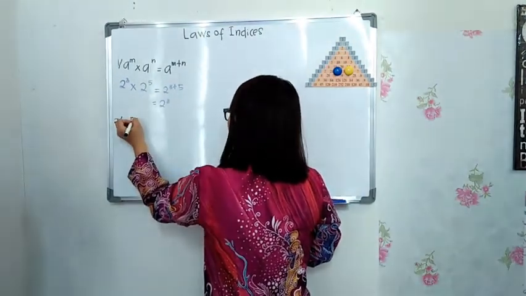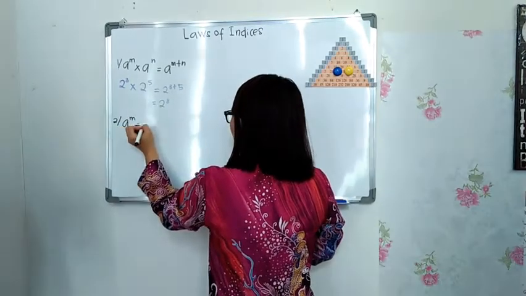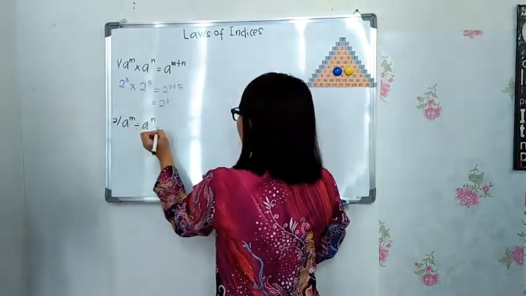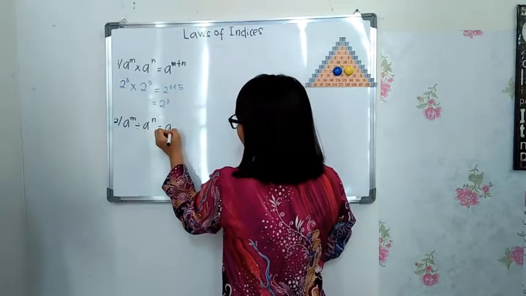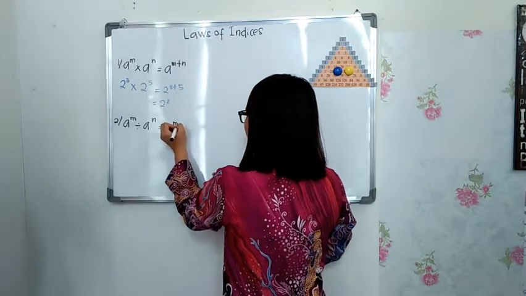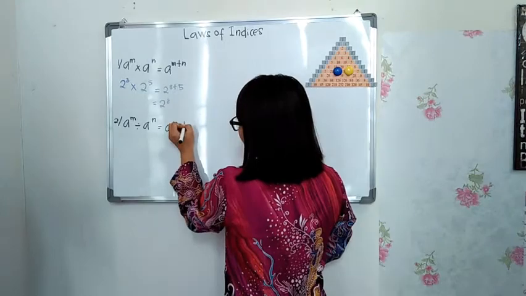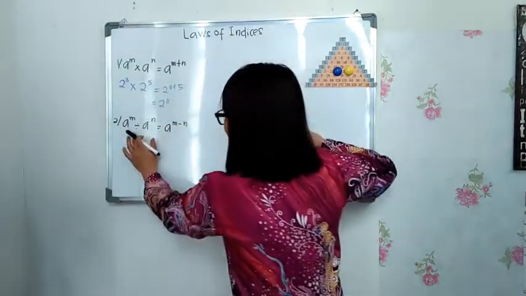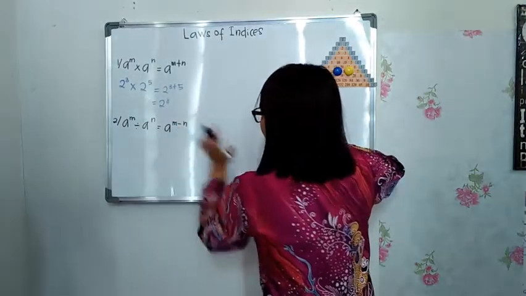Okay, next law is divide. A to the power of m divide a to the power of n becomes a to the power of m minus n. When this is divide, it will be minus.